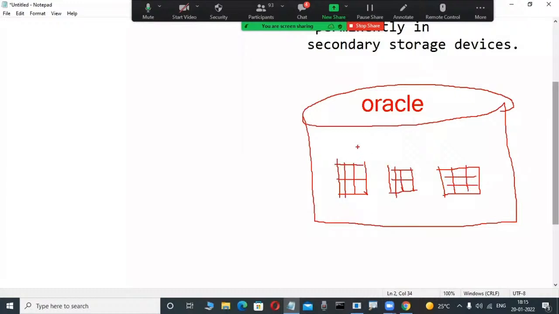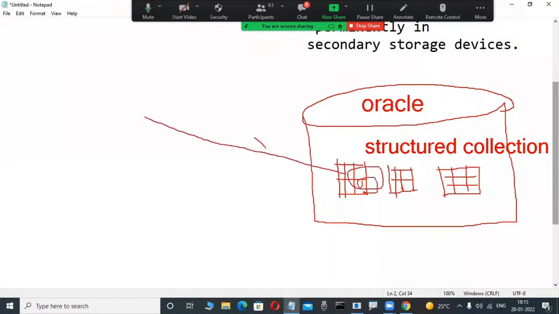Once it is a structured collection of data, all relational databases store structured collection of data, not non-structured. Non-structured data belongs to other databases. Oracle is one of the popular relational databases. To operate on this data, some language is required.